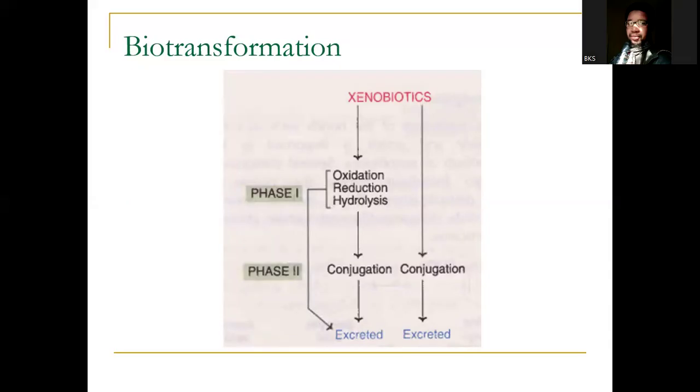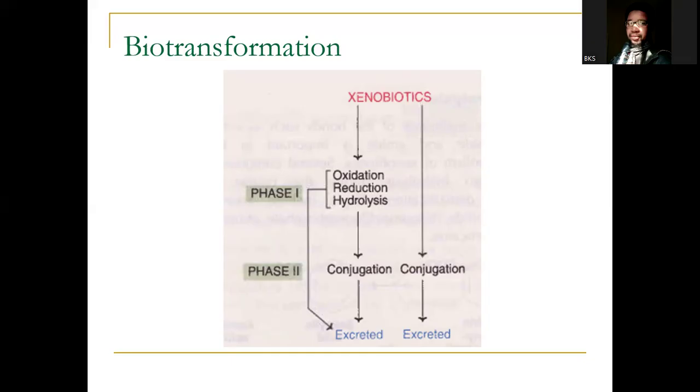And you can have some of them getting in by simple diffusion, as we mentioned, and also facilitated diffusion, as well as the use of ABC transporters. So you can have some of them that are reasonably polar and can easily be excreted. So you can have this set of compounds that do not even need to pass through the phase 1 and phase 2 reaction. They can be directly excreted easily.